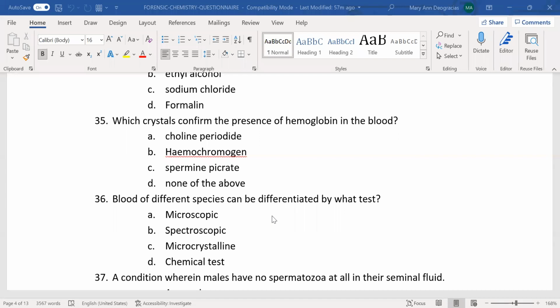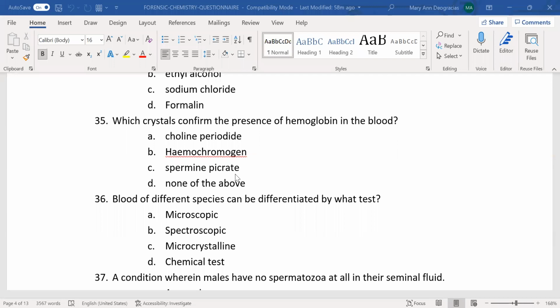That's the function of the microscopic test. Spectroscopic is not part of the tests for blood, so remove that. Microcrystalline and chemical test mean the same. So the correct answer is letter A, microscopic test.